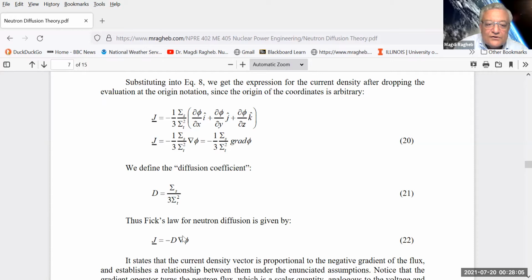Notice that the gradient operator always acts on a scalar quantity. So our flux here doesn't have vectorial properties. It is a scalar. And as I suggested earlier, a similar quantity would be the temperature. It's a scalar quantity, but the gradient of the temperature is a vector, right? So you always take the gradient only of a scalar quantity.